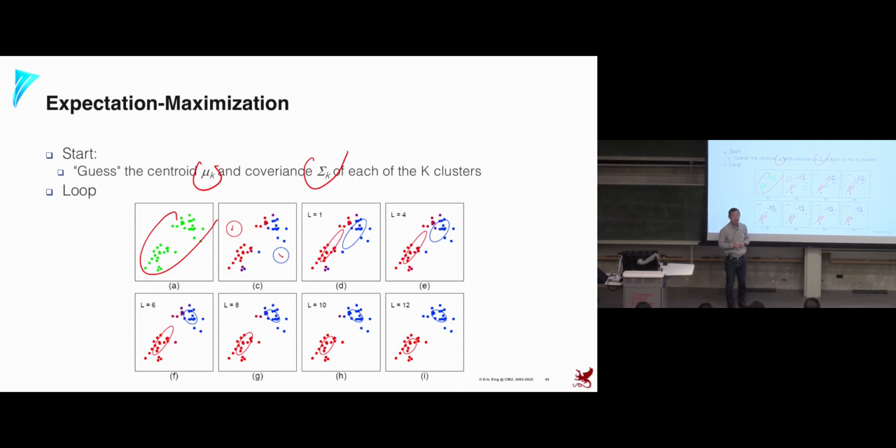You will never get the probability 1 of one point being in one Gaussian versus the other. It will probably be fractional. Maybe say this guy is probability 0.7 to that and 0.3 to this. In that case, I'm going to split up points and make assignments of this point partially to here and partially to here. That's the only difference. In k-means, the point either goes here or goes here. In here, I'm going to give them the so-called soft assignment.